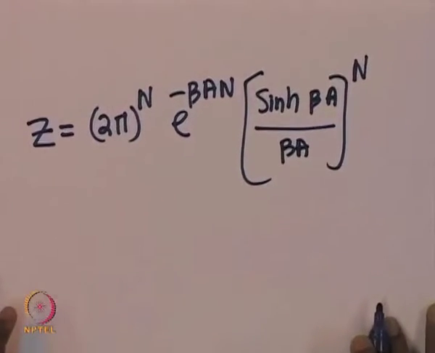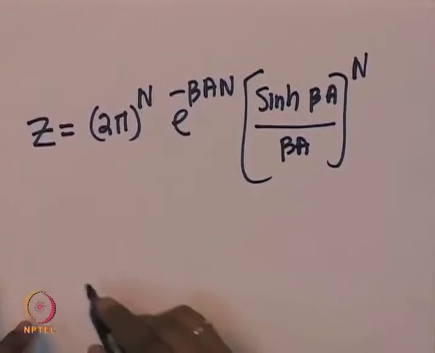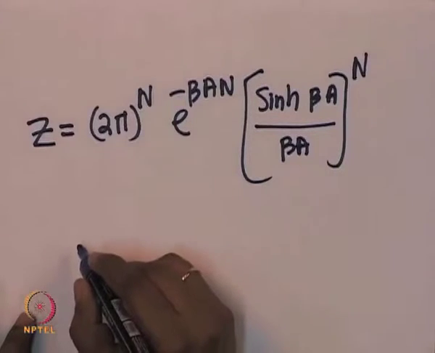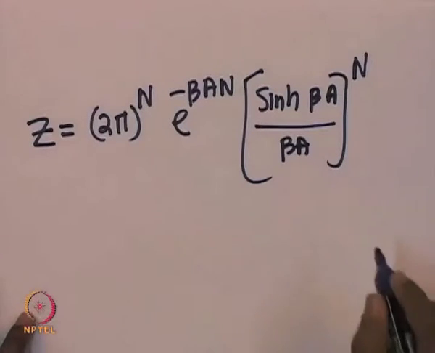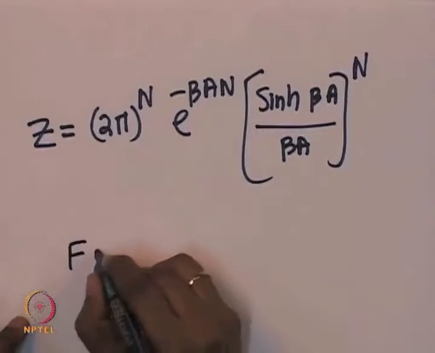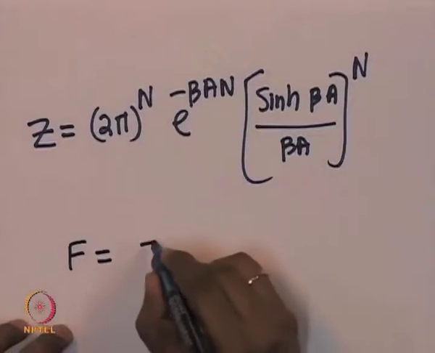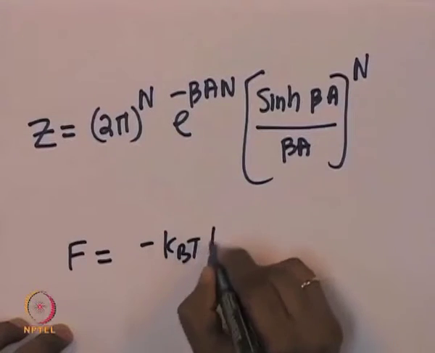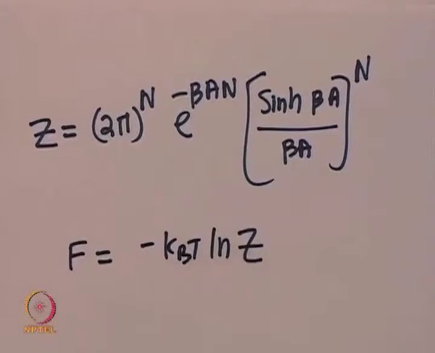This is the partition function you will get, and minus k T log z will give you the free energy. So, the free energy of a double stranded DNA is F equals minus k B T log z. From this we can calculate the partition function and the free energy.